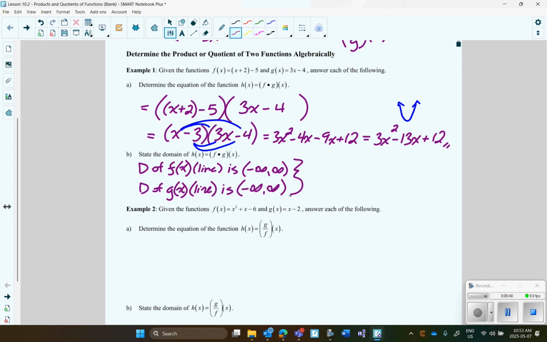So therefore, f of x times g of x, the domain will be everything as well. Okay. And we confirm that because the answer to the multiplication is a quadratic, and the domain of any quadratic is always everything. Negative infinity to positive infinity.